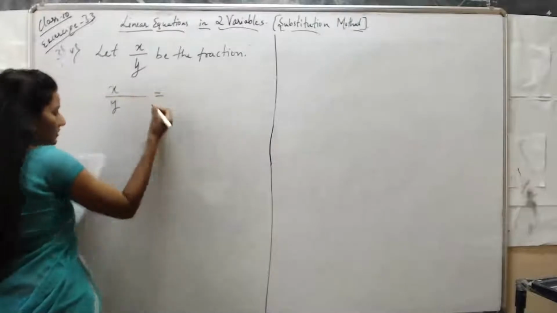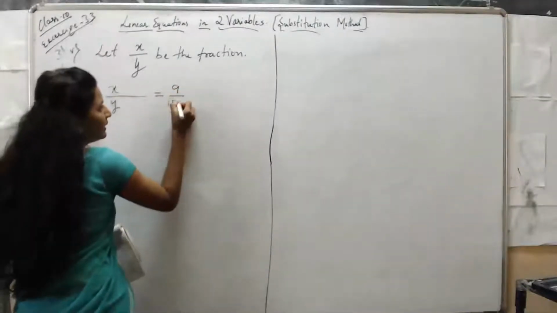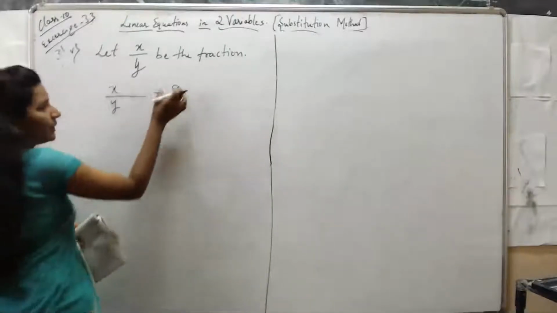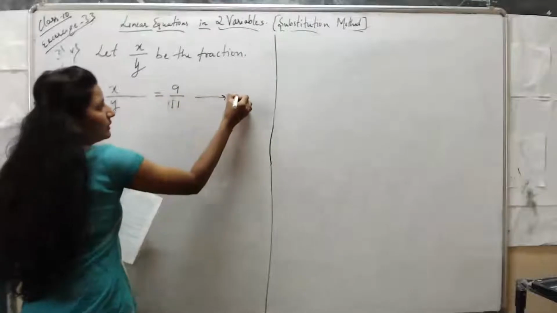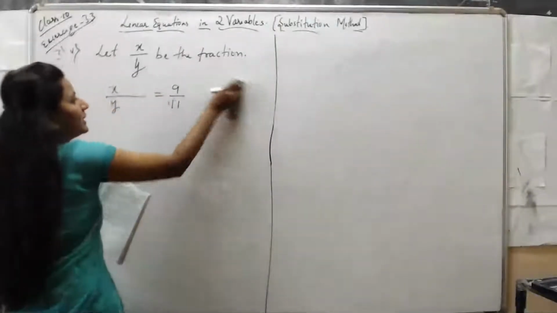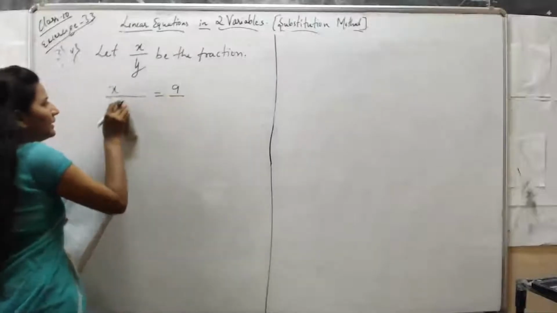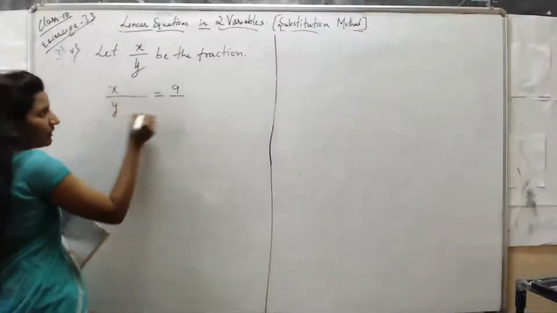It becomes 9 by 11. Sorry, not 12. Observe properly. A fraction becomes 9 by 11. What is the fraction we have taken? x by y.